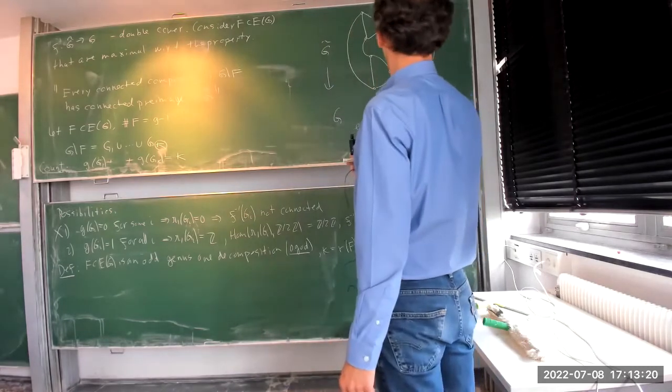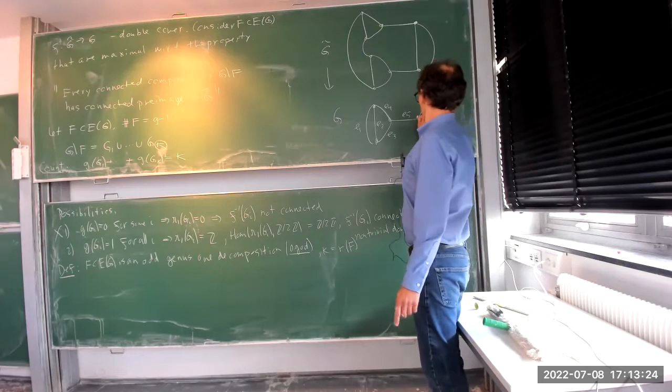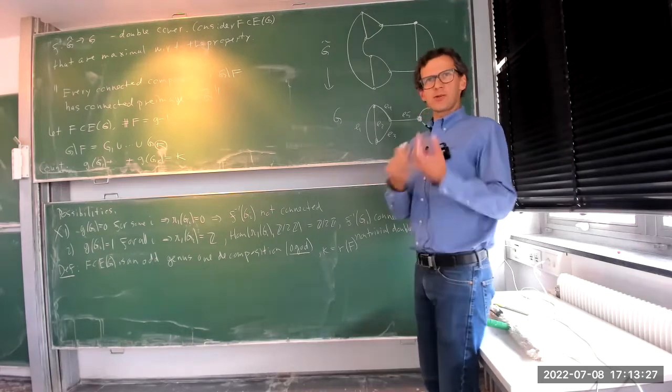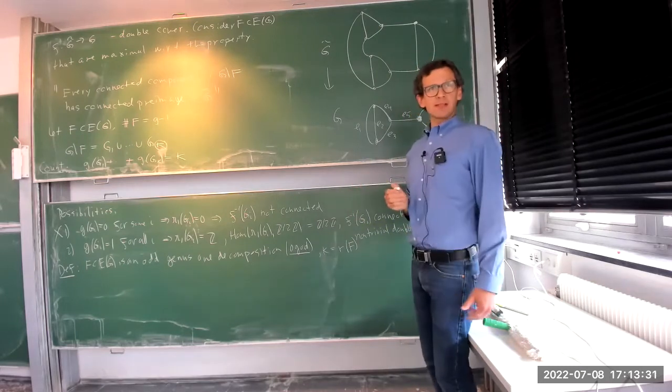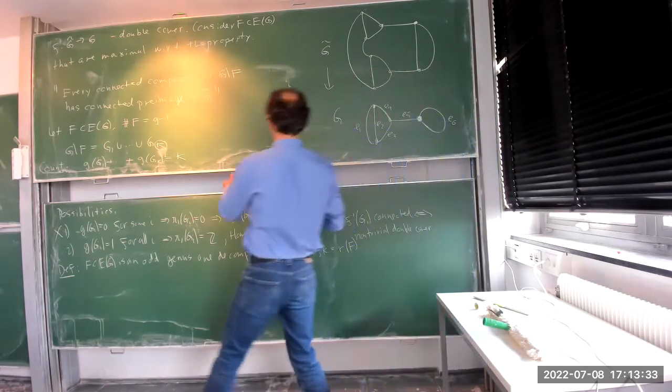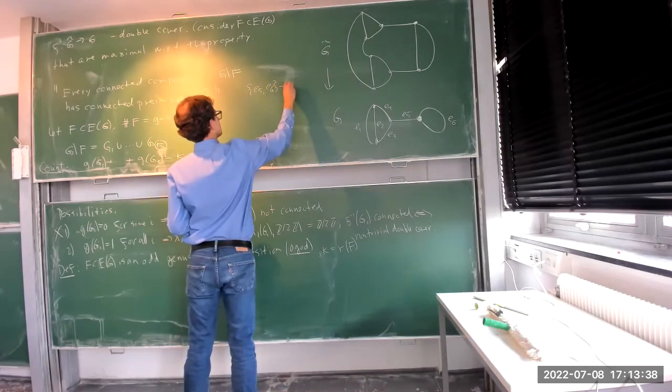So what's not an OGOD? Well, for example, if you remove the edges E5 and E6, you're left with an isolated vertex, and the preimage of that isolated vertex is a pair of isolated vertices. So E5 and E6 is not an OGOD.